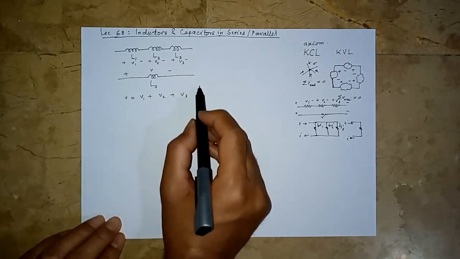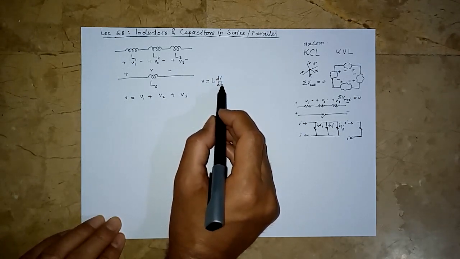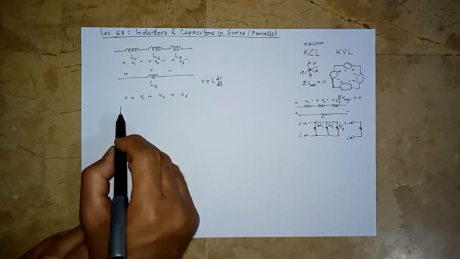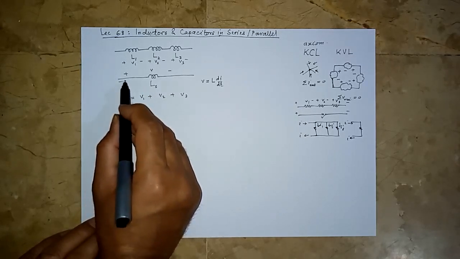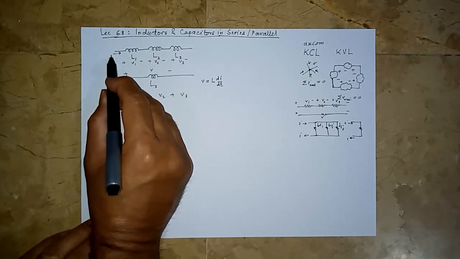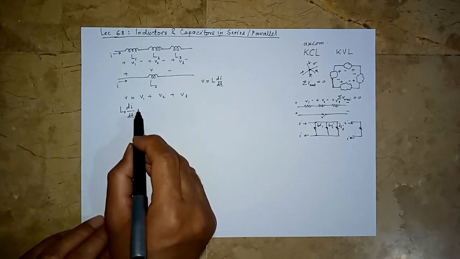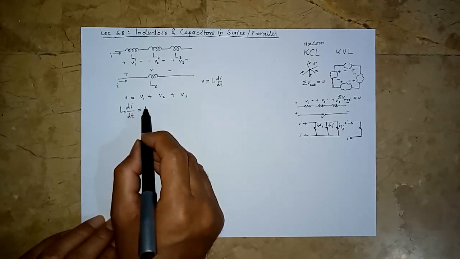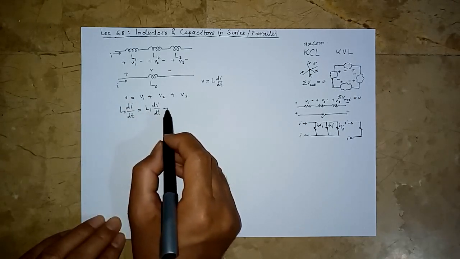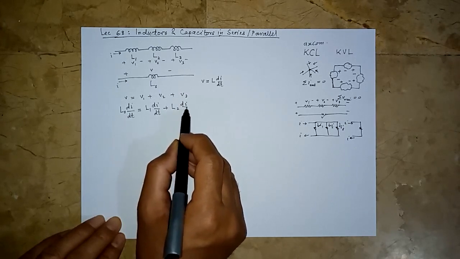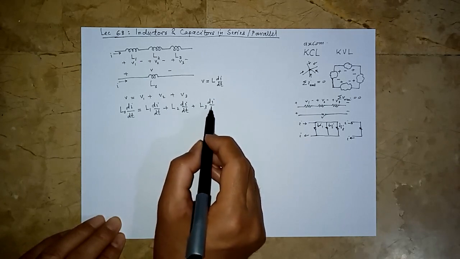For an inductor, we know that V is equal to L di by dt. So for the equivalent case we get Ls di by dt. This current and this current should be equal, because they are equivalent circuits. We are trying to find the equivalent of those inductances. So Ls di by dt equals L1 di by dt, because in series the current is the same, plus L2 di by dt plus L3 di by dt.